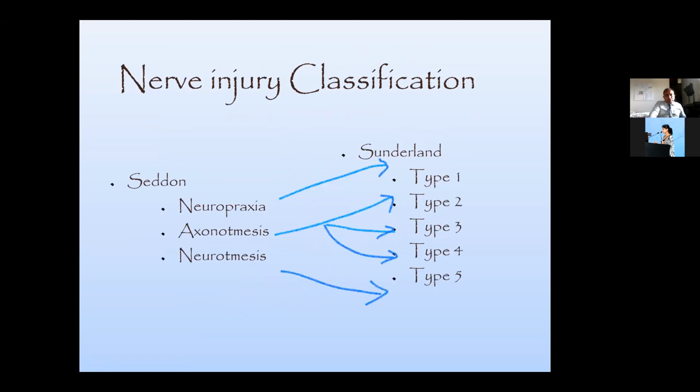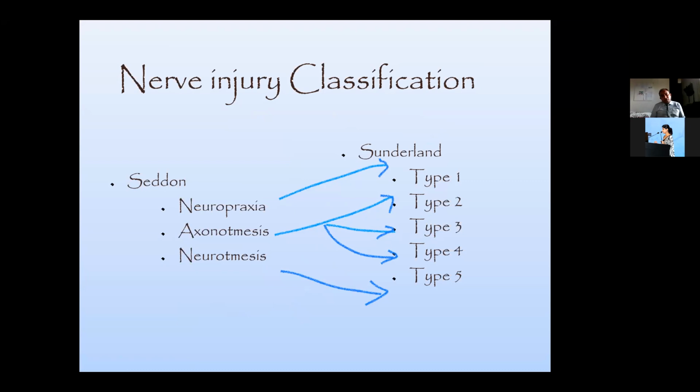So we need to understand the nerve injuries in order to understand how the brachial plexus palsy recovery happens. In fact, the Seddon classification is the first classification, which was explained by Seddon. This is neuropraxia, axonotmesis and neurotmesis.